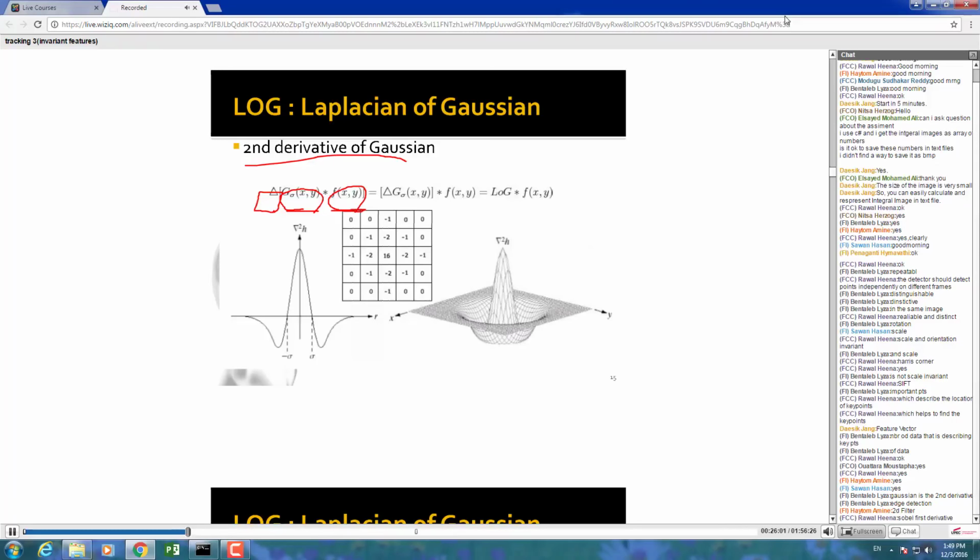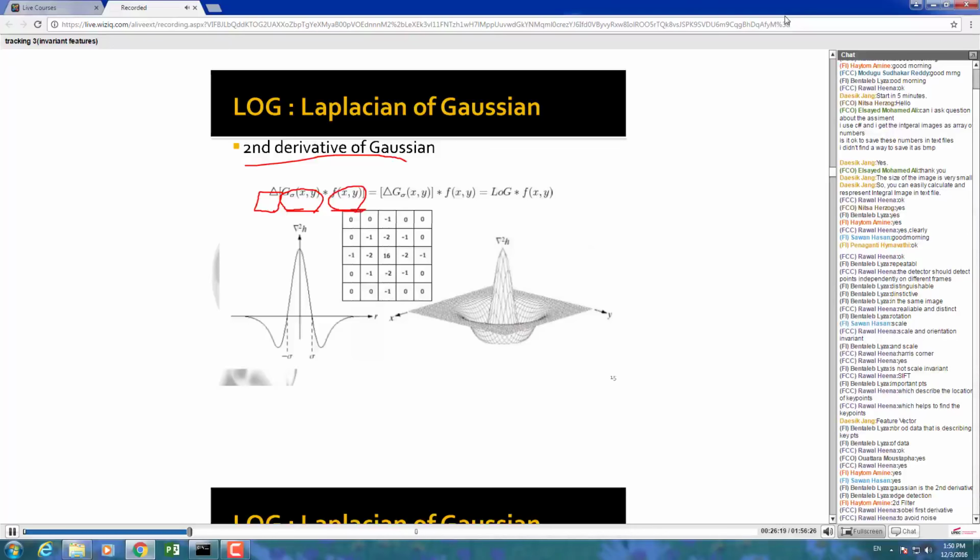By the way, as a simple question, why do we need to apply Gaussian first before the Laplacian, the second derivative? Why do we need to use Gaussian filtering? Exactly, yes, to avoid noise.